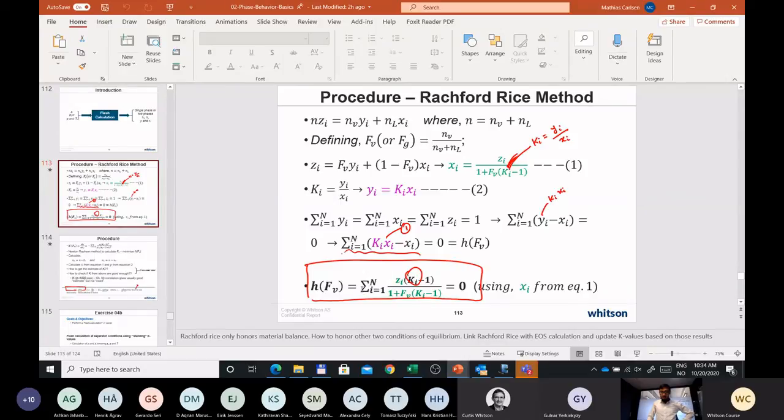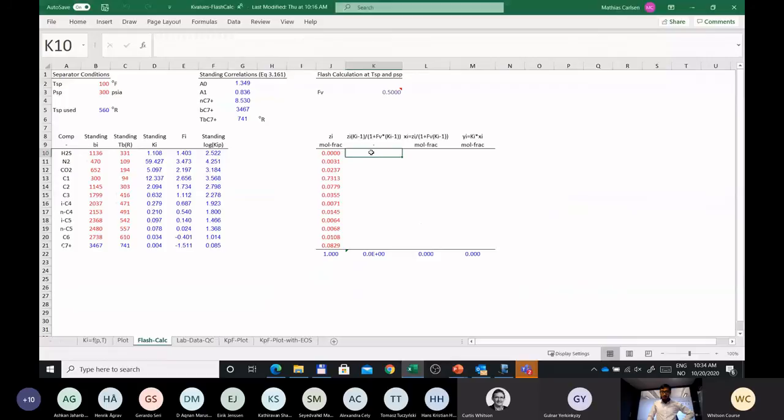The objective is to minimize this function and calculate the vapor fraction. This function is Zi times (Ki minus 1) over (1 plus Fv times (Ki minus 1)). We will first calculate these values for each component, then sum all the values and try to minimize this number by changing Fv. That will give us the vapor fraction from the flash calculation.